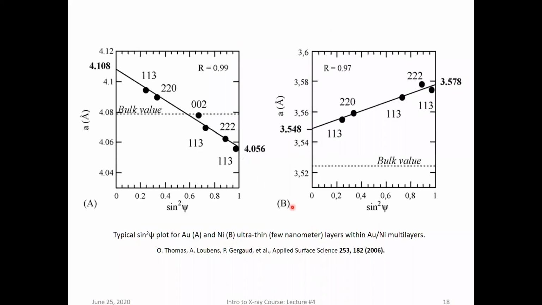So here's a couple of typical ones where if you plot the measured lattice constants as a function of psi squared, it actually allows you to pull out the homogeneous strain coefficients, so you can measure these things. That's just one of the techniques. All we're looking at here is the shifts in the Bragg peaks. That's all that's going on here. It allows you to recover these values with very simple analysis.